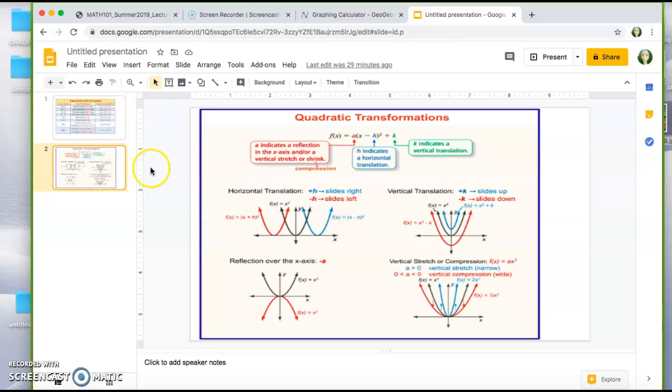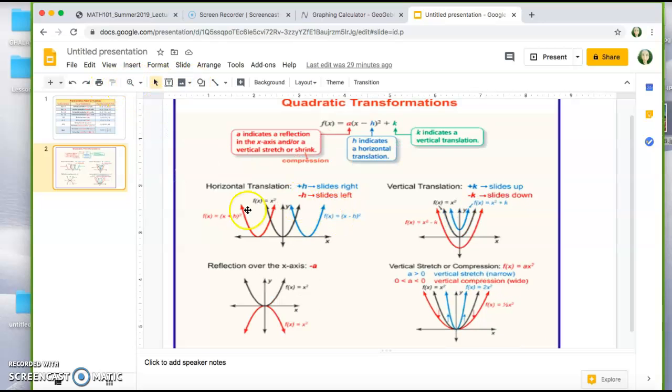So here we have some visuals, okay? Let's take a look at our quadratic function f of x. Our coefficient a on the outside indicates a reflection over the x-axis.